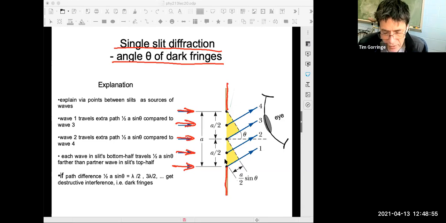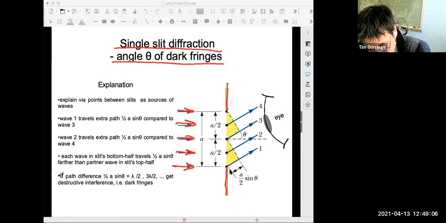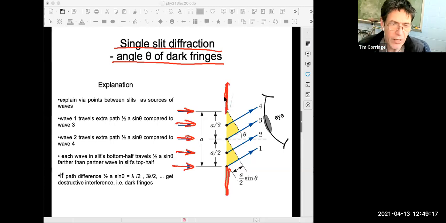The way to understand the diffraction pattern is to imagine that each point in the location of the slit, between the barrier at the bottom here and the barrier at the top here, is a source of these little spherical wavelets, or these little circular wavelets that are emerging on the right-hand side of the slit.